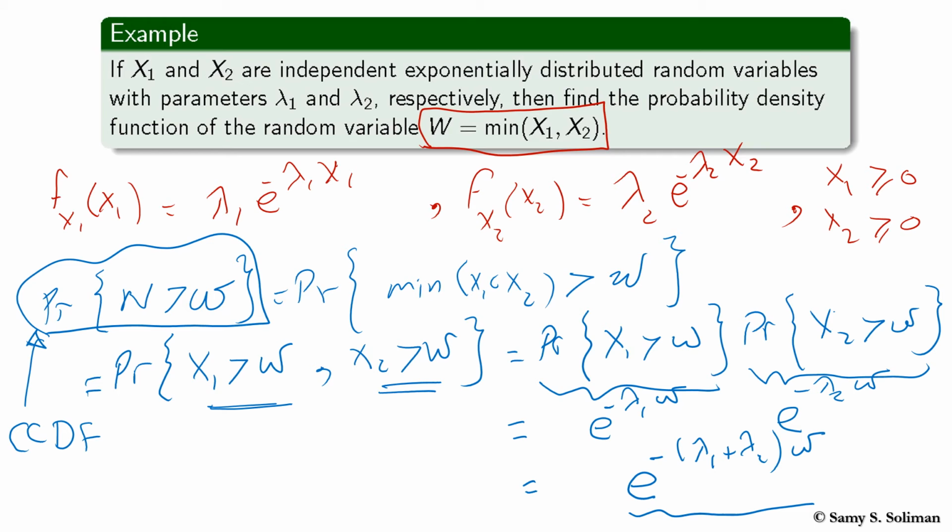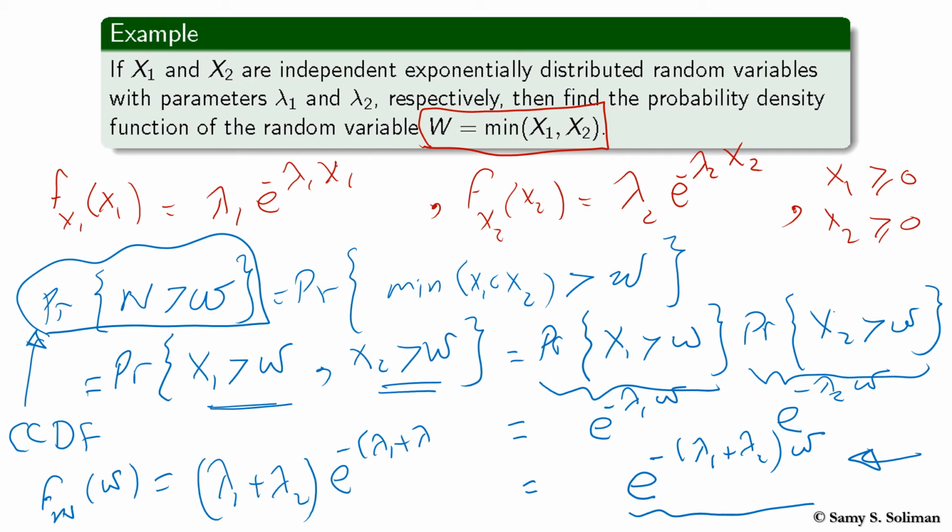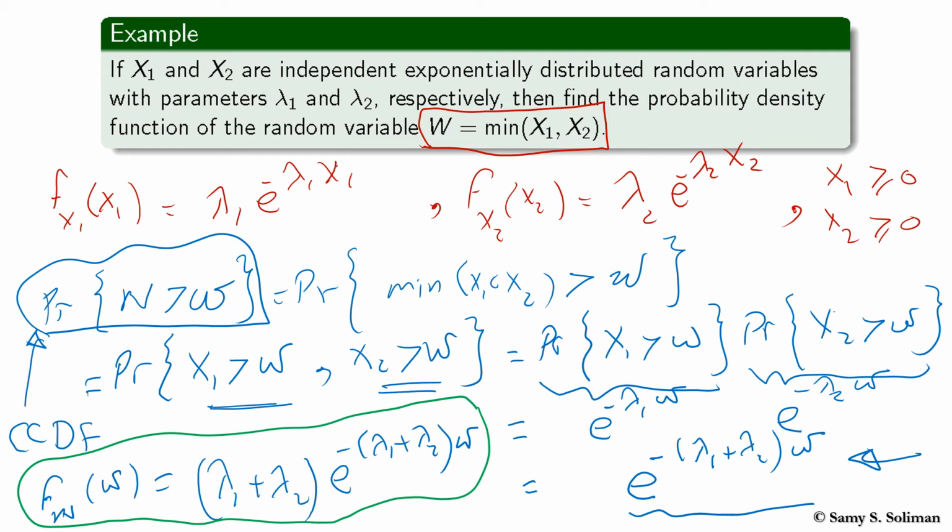So by derivation, you can either first find the CDF, which is 1 minus this value, and then find the derivative of the CDF with respect to the random variable w to get the PDF, or directly, by analogy, deduce that this is the complementary CDF of an exponential random variable, then the PDF of W, f of w, is equal to the constant, which is here lambda 1 plus lambda 2, times e to the power negative (lambda 1 plus lambda 2) times w, and you have to define that w is any positive value, that is w is larger than or equal to 0.